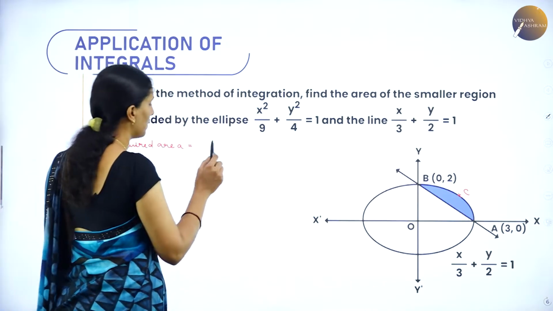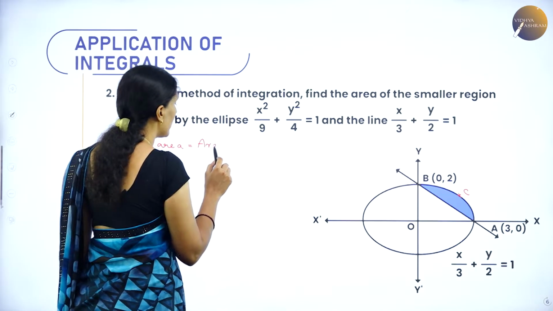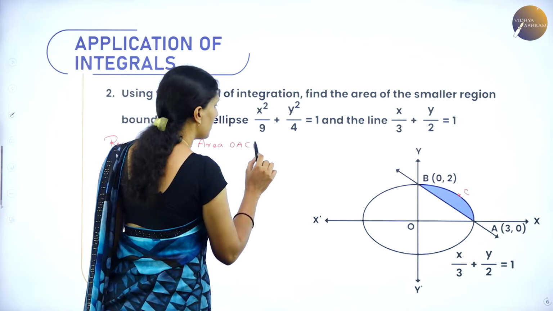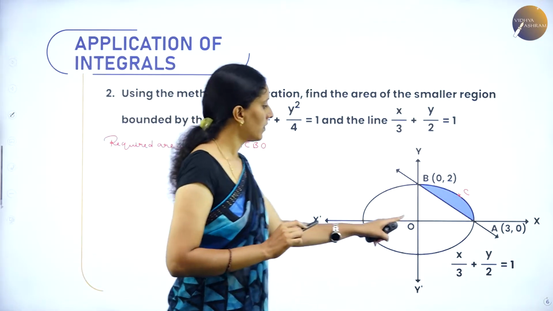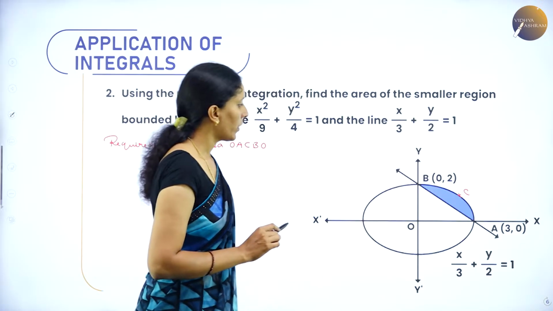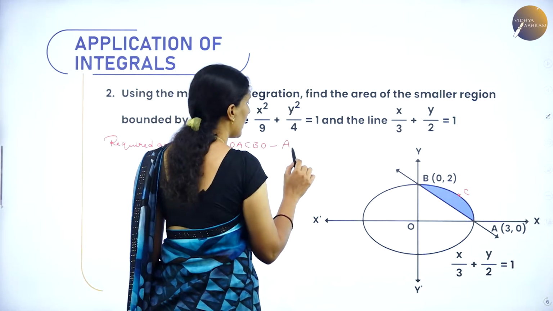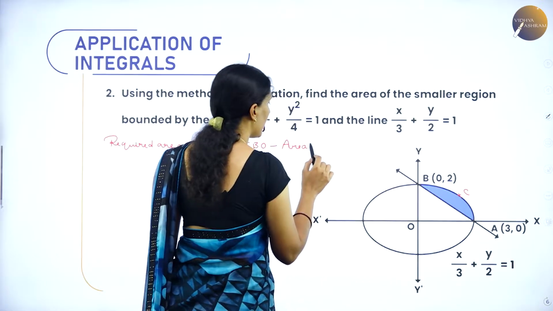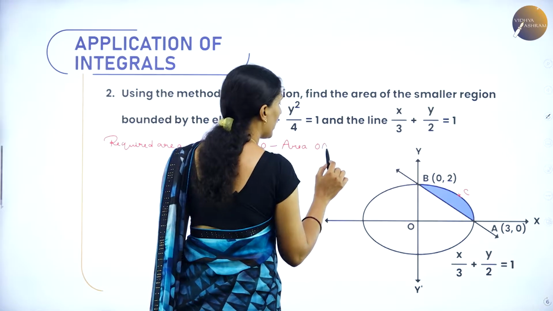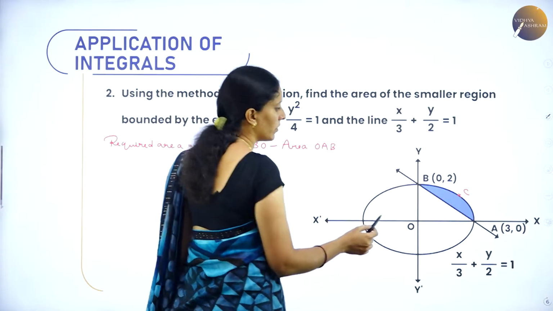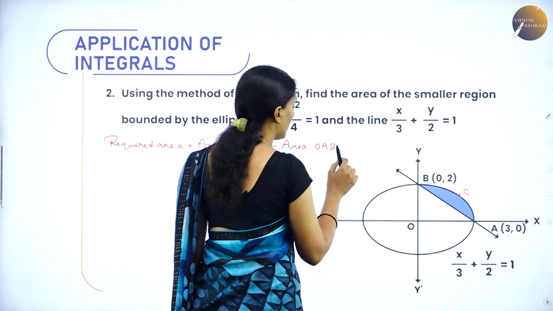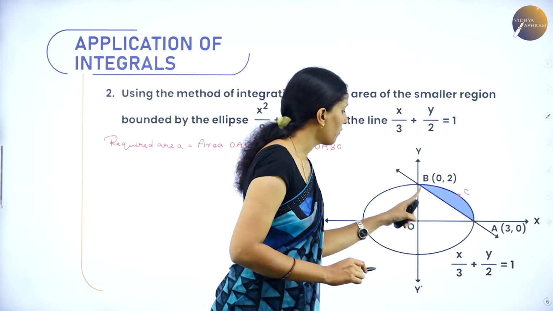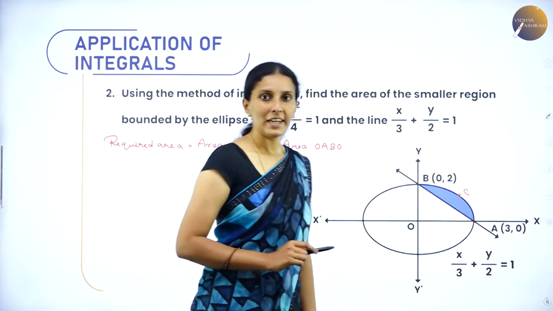That is part of the area of the ellipse. So the required area is area OACBO, this part of the ellipse, minus the area of triangle OAB. OABO I will take, which is a triangle. If you subtract this triangle from this part of the ellipse, then you will get this area.